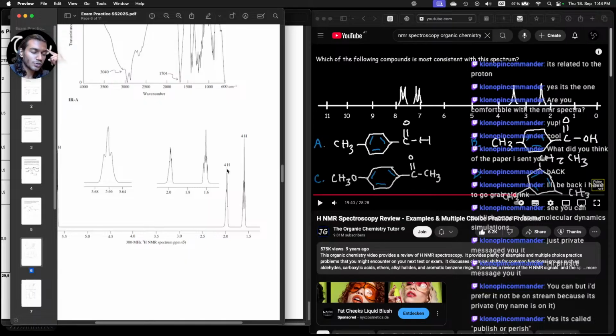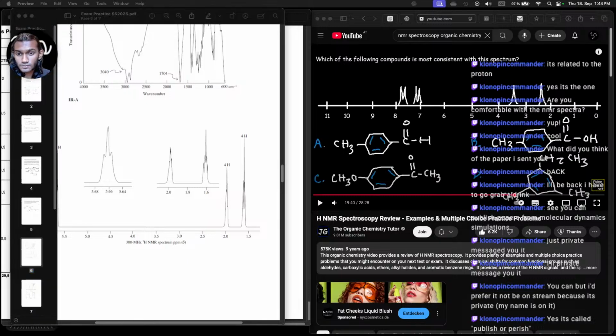That means no hydrogen, the adjacent carbon does not have a hydrogen. That's interesting. Yep, it's related to the proton. Okay. Well, that was a lot of data.